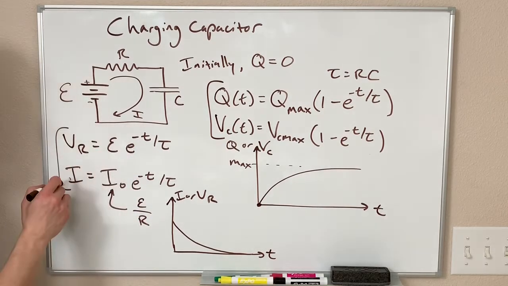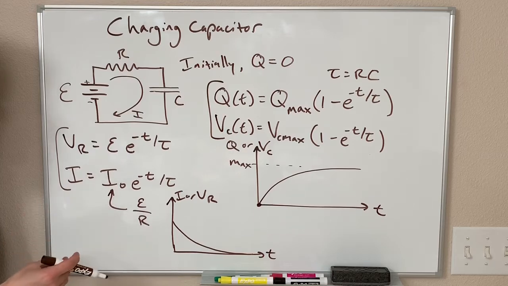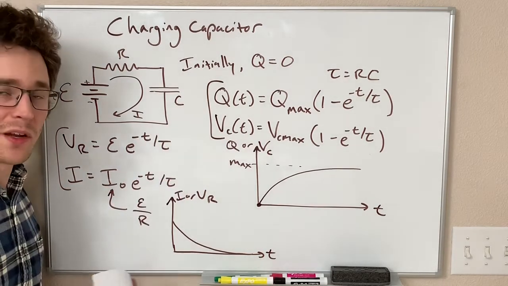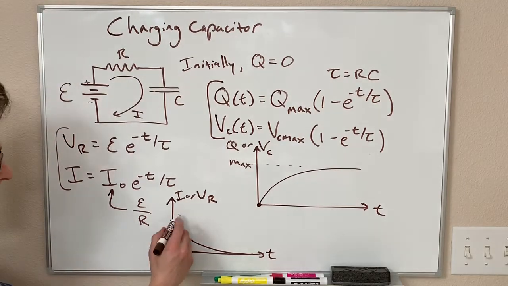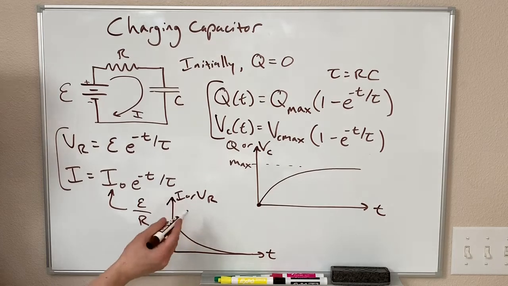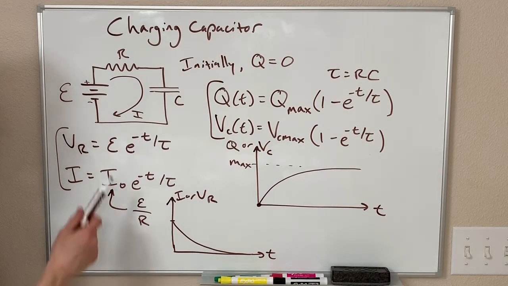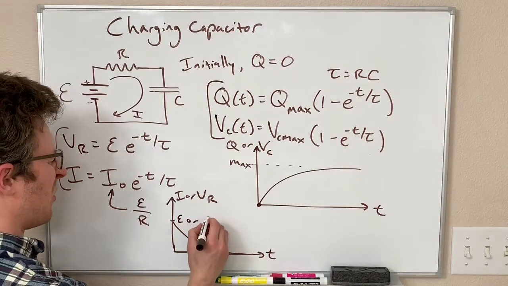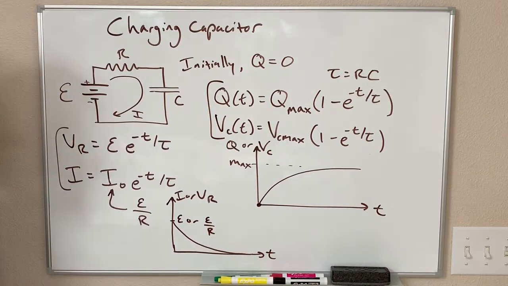So these two are the same equations for the charging capacitor or the discharging capacitor. These equations are different depending on if you're charging or discharging. And this value here is the initial value of I or V. So that is either epsilon, or E, or E over R, depending on which variable we're talking about.